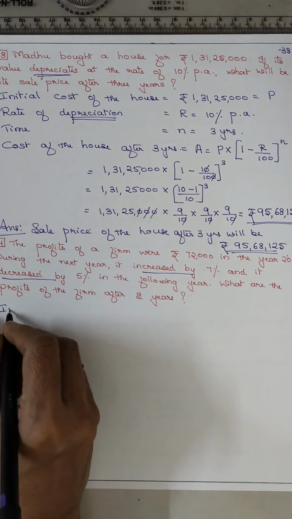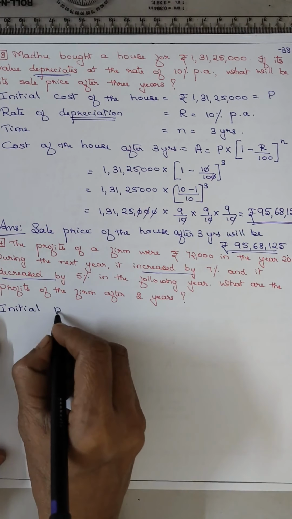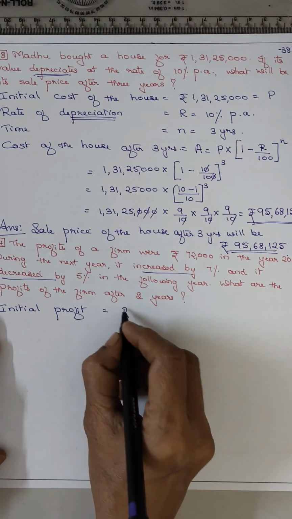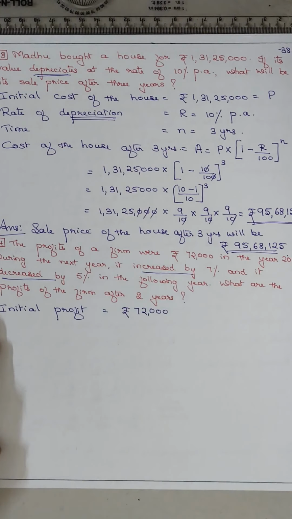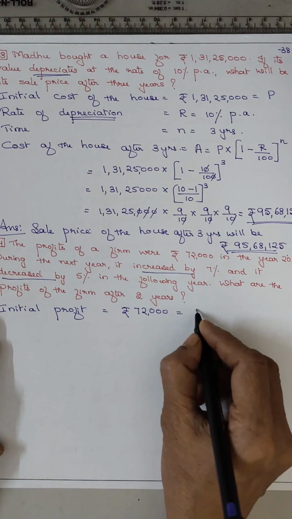Okay, so you will write the initial profit. How much it was? Rupees 72,000. पहले 72,000 था, फिर नेक्स्ट ईयर 7% बढ़ गया, और उसके बाद का ईयर में 5% कम हो गया. सो 72,000 क्या होगा?